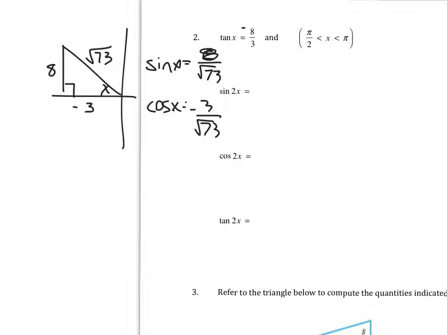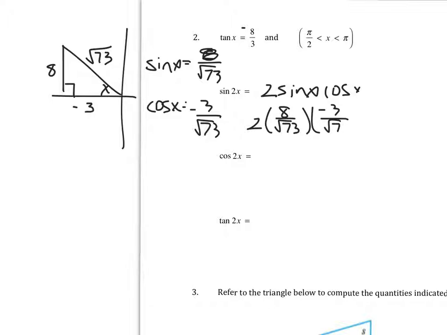Take the time. Sine of 2x, isn't that 2 sine of x cosine of x? Like chess, I'm always thinking a move ahead. So 2 times 8 over root 73 times negative 3 over root 73.